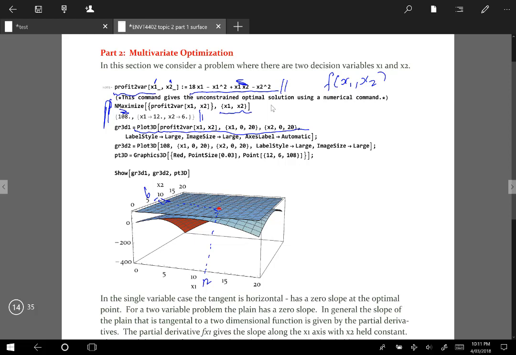The plane just touches the function at the optimal solution, and you can think about that as being the two-dimensional version of a tangent.